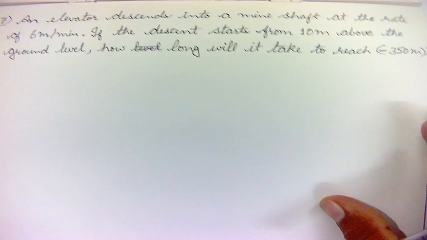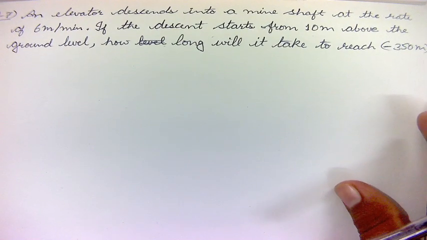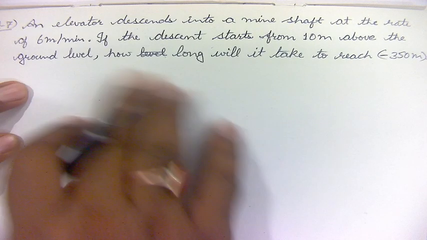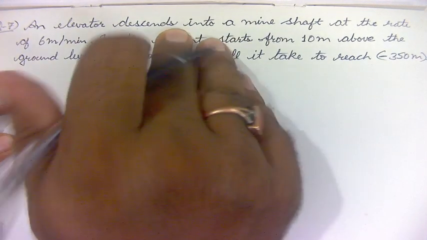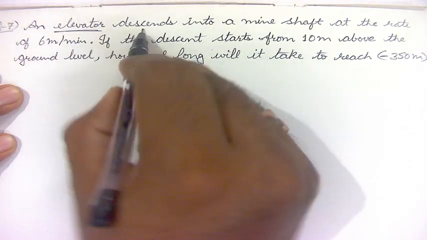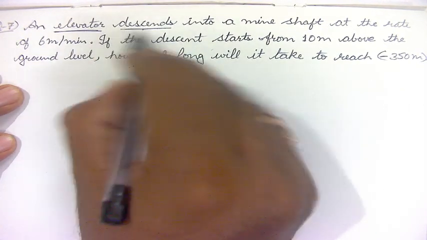Let us move towards the next question, number 7. The last question of this exercise. Now question 7 says an elevator, which means it is a lift, descends means it goes down.